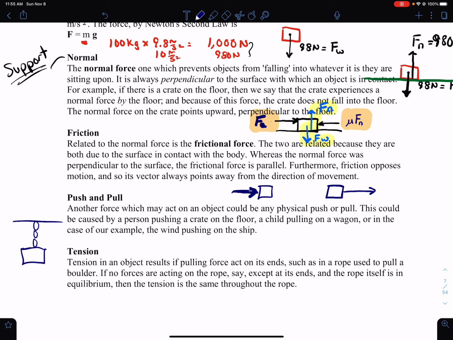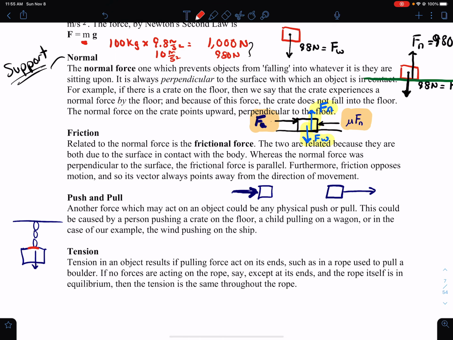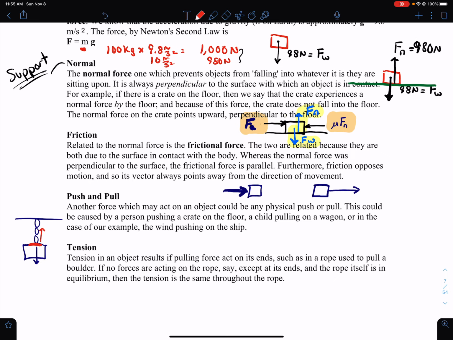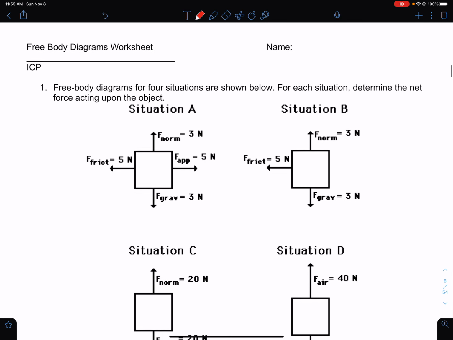Tensional forces, we have the force between the object being pulled down right here. Now, the actual surface that we're talking about is right here, and then the tension is within that chain, okay? So that would be the upward support force acting on the picture frame or box or whatever you want to call it.